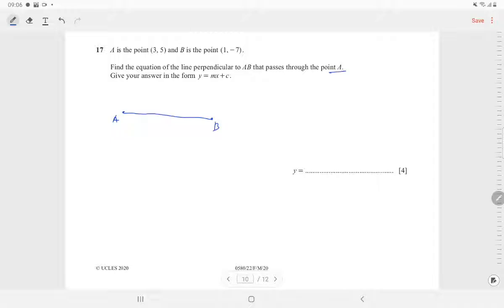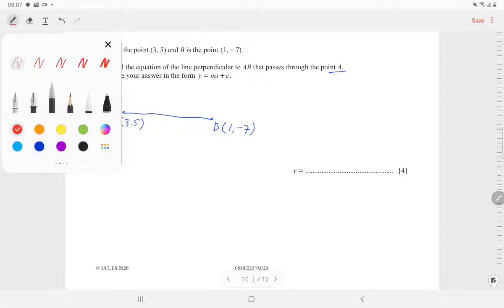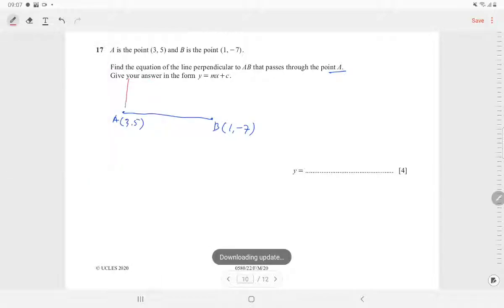So the coordinate of A is 3, 5, and the coordinate of B is 1, -7. So the line that is perpendicular to AB is like this because it passes through A. Now find the equation of this line, the red one.